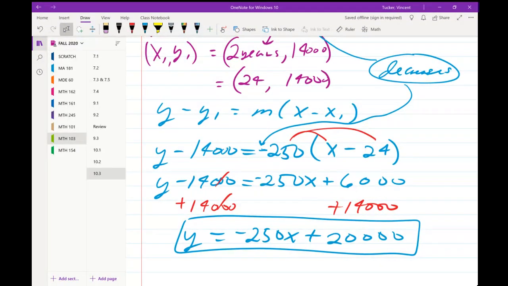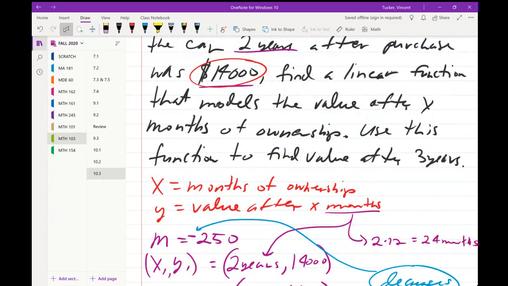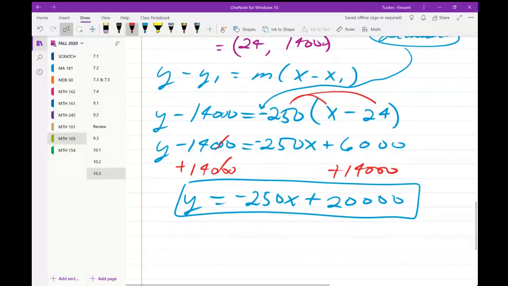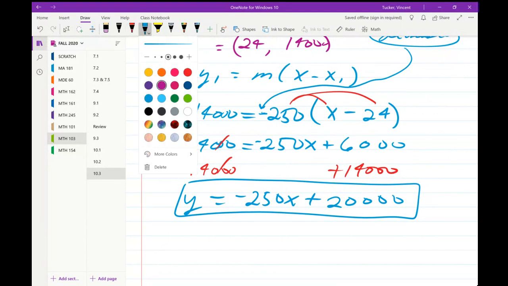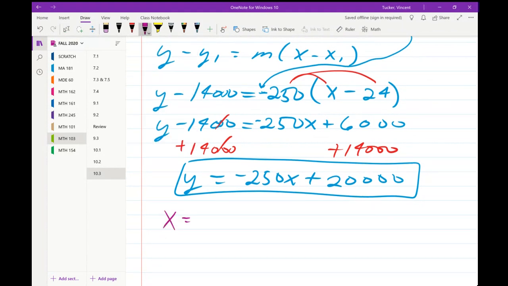All right, so we're almost finished. This problem says use this function to find the value after 3 years. So we want to find the value after 3 years.